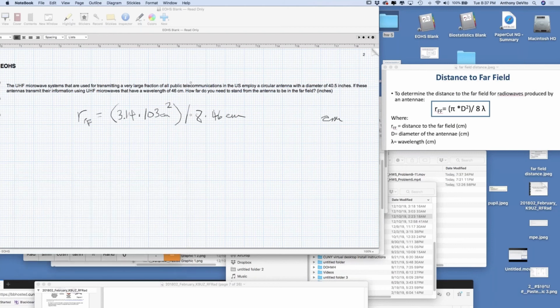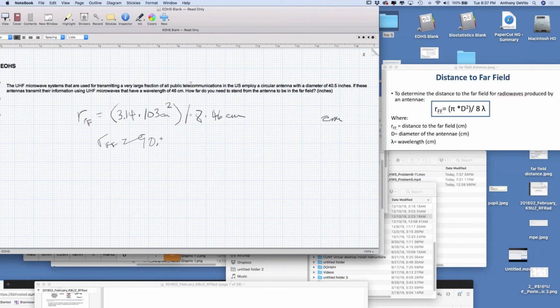I'm going to call that 90.5 centimeters. Okay, so that looks a lot like our expected result. So I feel a lot more comfortable. Unfortunately, it's asking for the answer in inches.